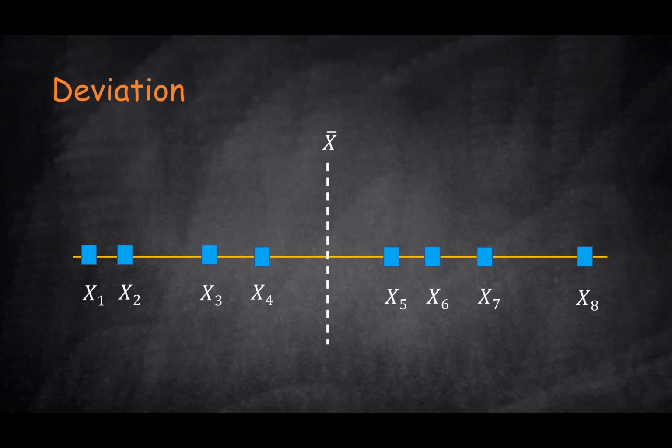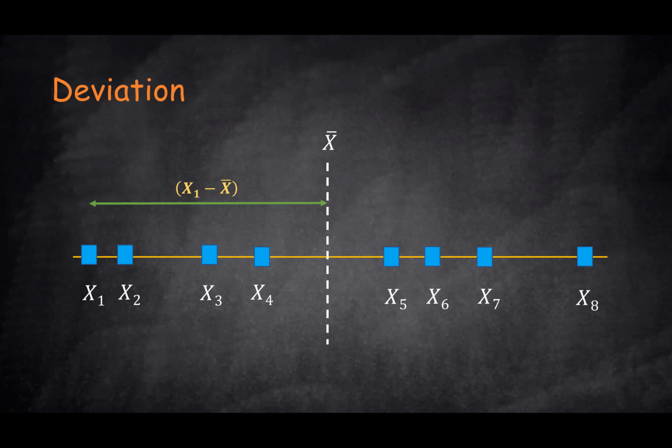In order to understand how these 8 observations are spread around the center, what we need to investigate is the distance from each observation to the center. So for example, if I take x1, the distance from that point to the center is calculated by the difference between x1 and x bar.